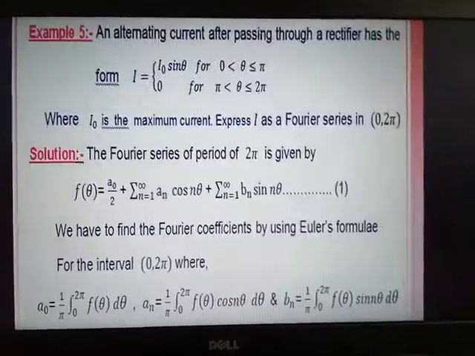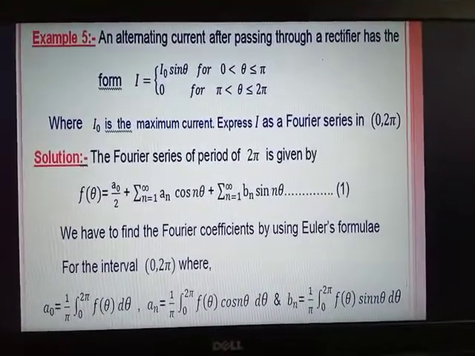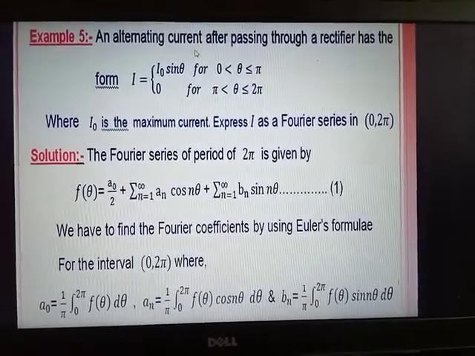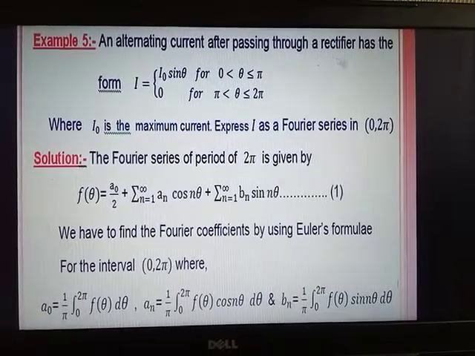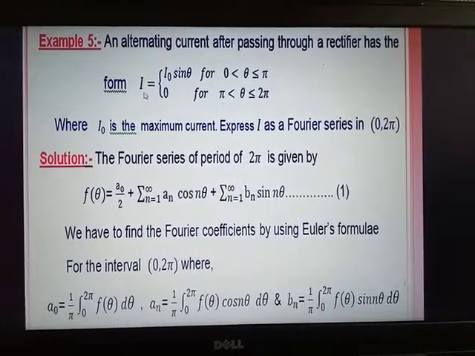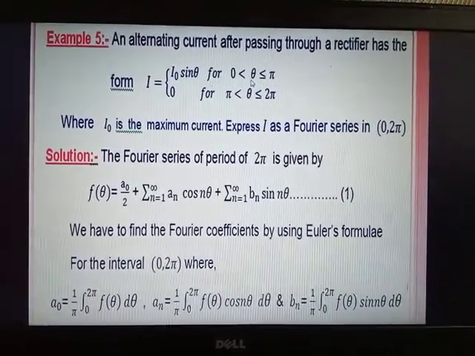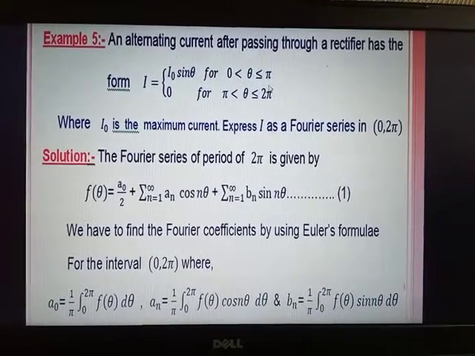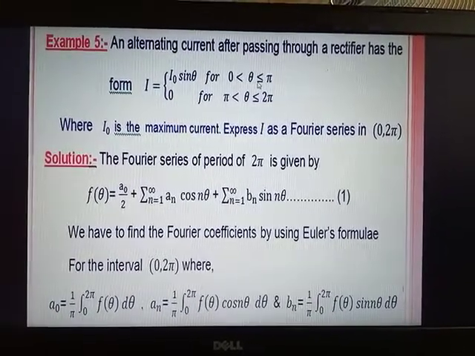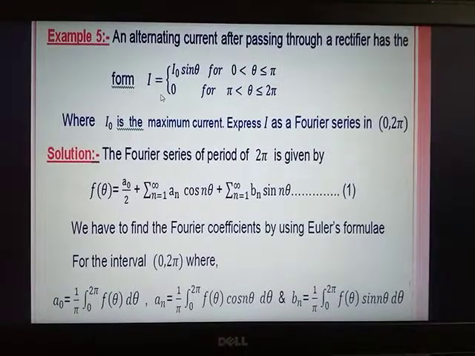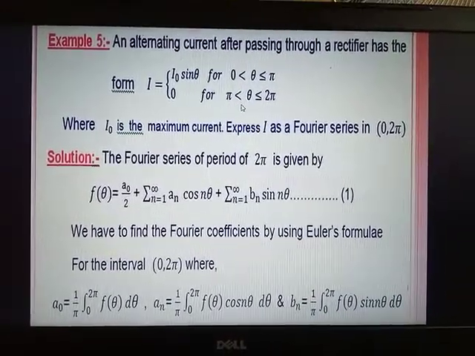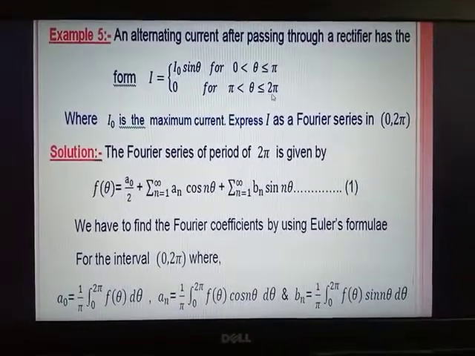Next, fifth example. An alternating current after passing through a rectifier has the form I is equal to I naught sin theta for theta lying between 0 and pi, meaning 0 is less than theta less than or equal to pi, and I value is 0 for pi less than theta less than or equal to 2 pi.